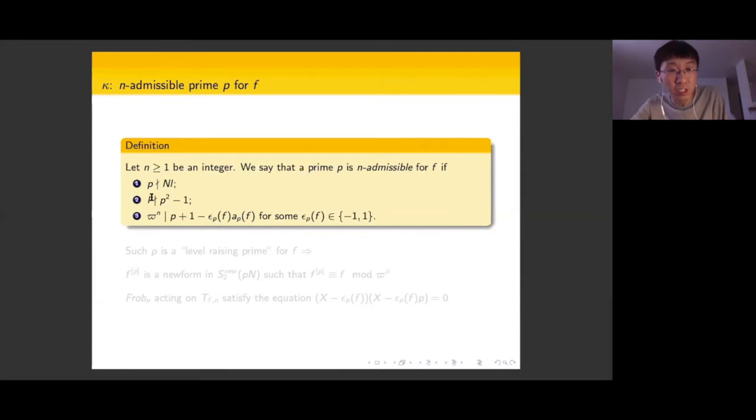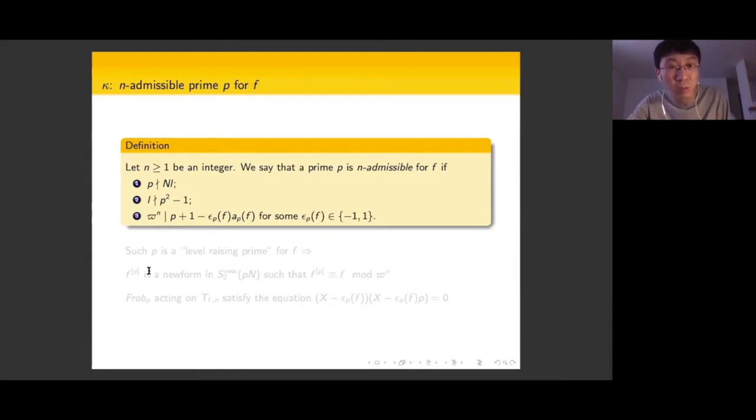And the condition l not dividing p squared minus 1 is sort of saying that the Frobenius eigenvalues of the Galois representation at p, when restricted to G_{Q_{p^2}}, are distinct. They're not equal to 1. There are two eigenvalues.